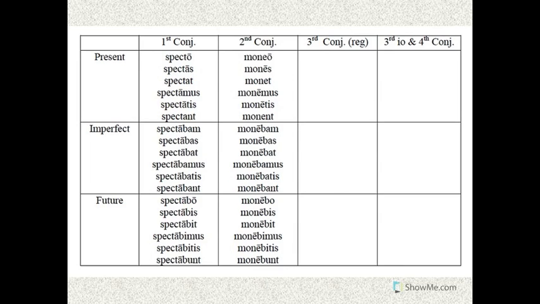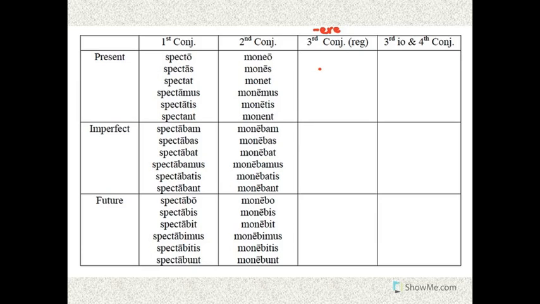Okay, now let's look at regular third conjugation verbs. Notice that I've separated out third conjugation IO because they function much more like fourth conjugation verbs. So third conjugation verbs usually have the ERE with a short E ending for their infinitive. For the present tense, however, that E, because it is so short, is simply too weak to be a thematic vowel.